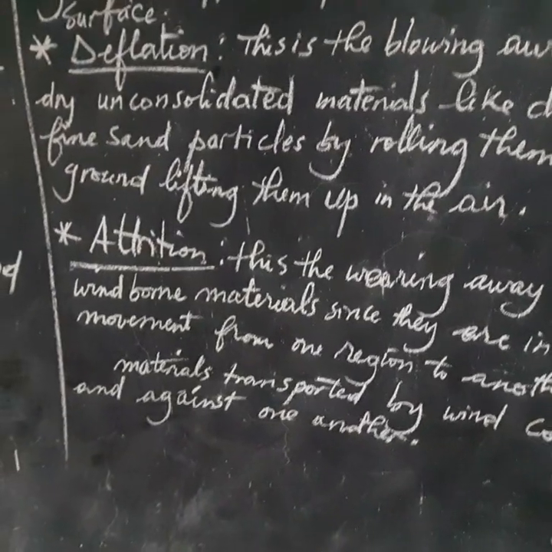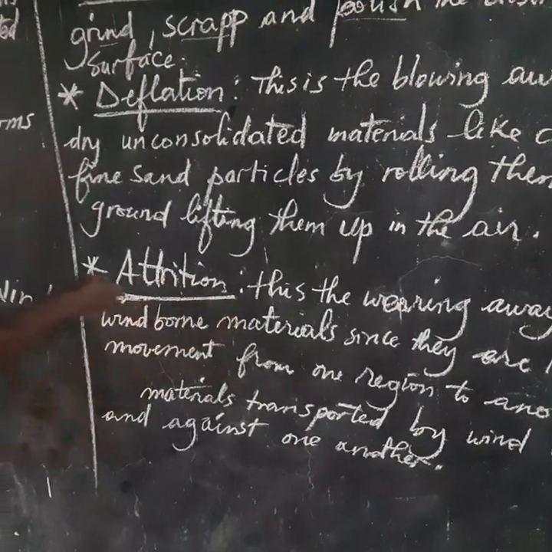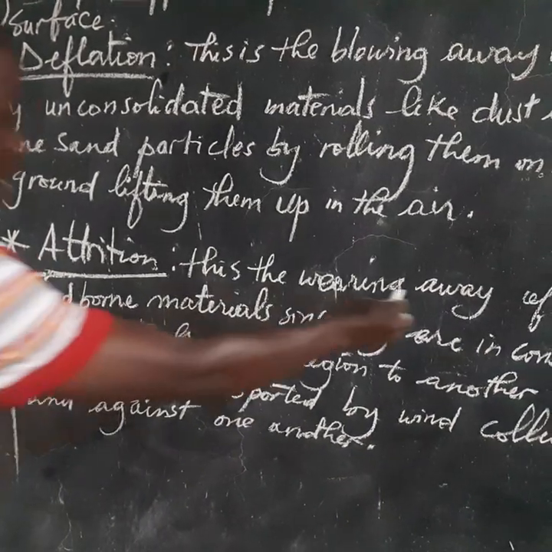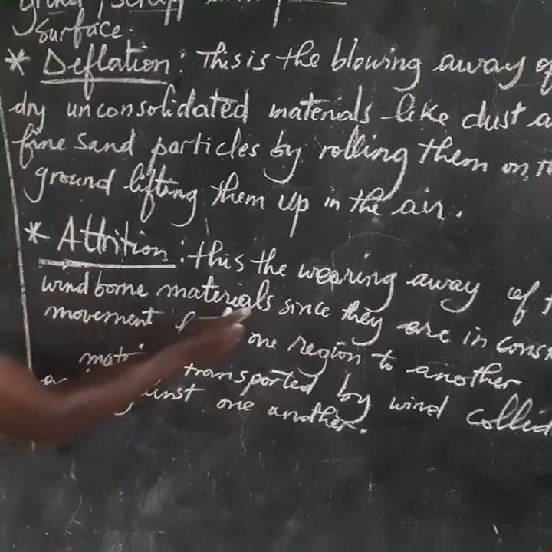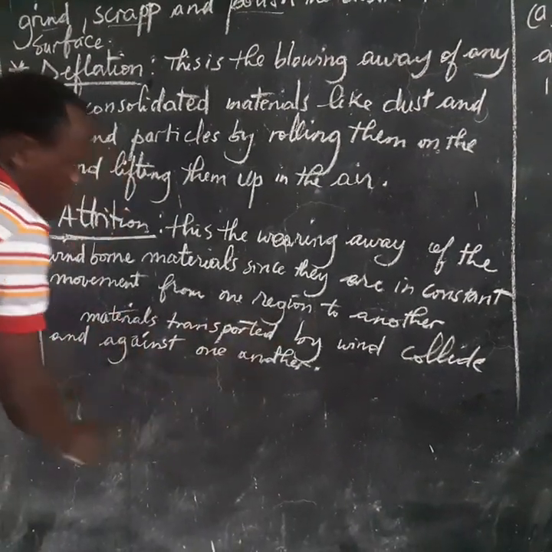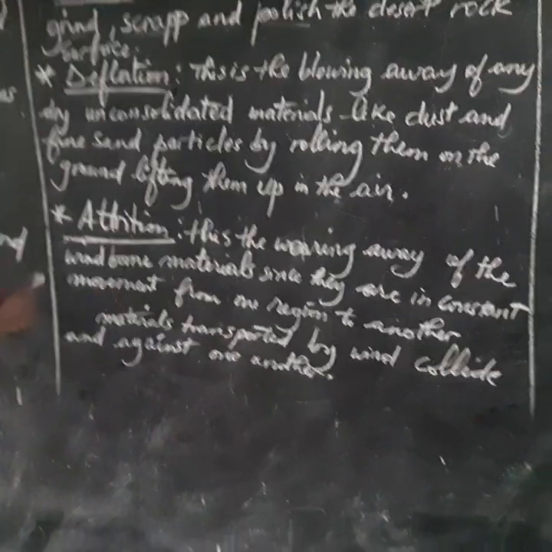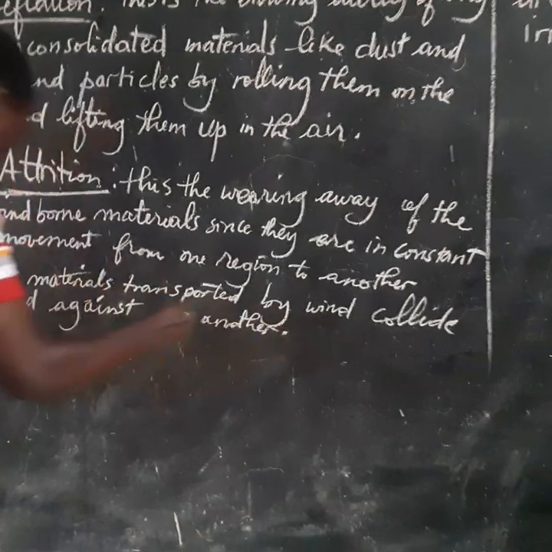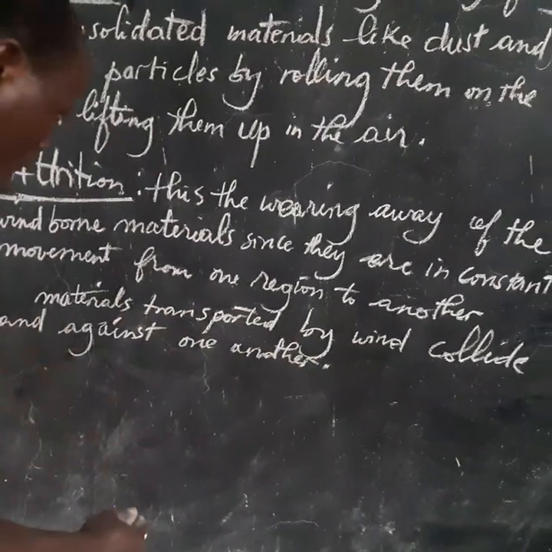Then the process number 3 is attrition. This is the wearing away of wind-borne materials, since they are in constant movement from one region to another. The materials transported by wind collide against one another.